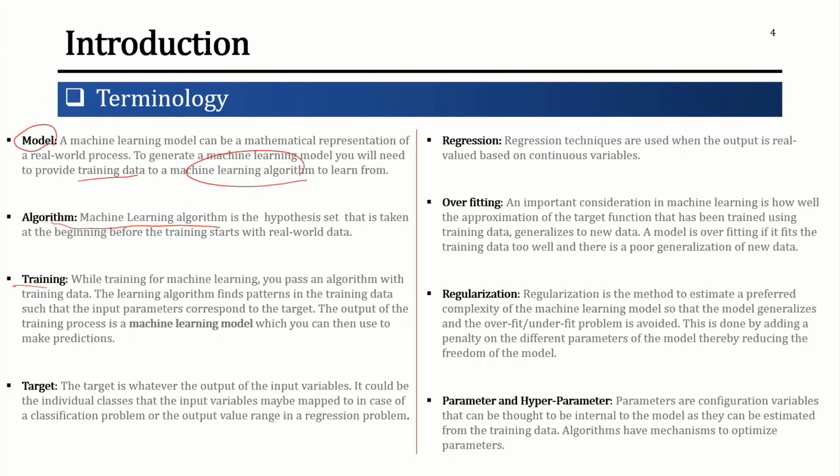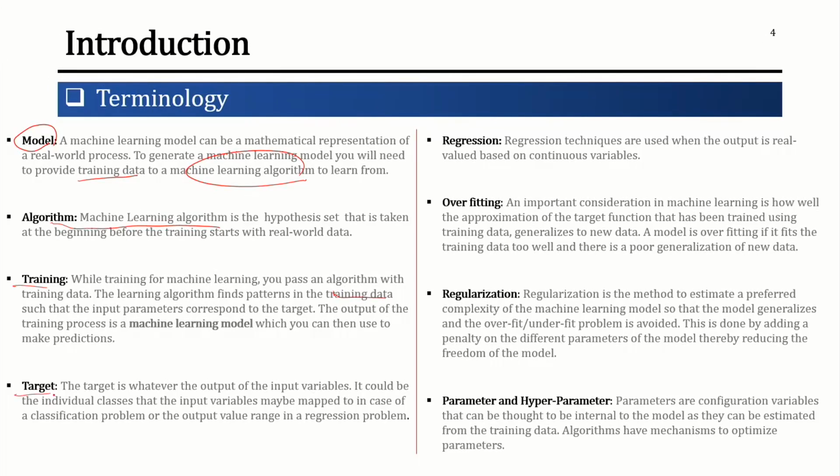While training for machine learning, you pass an algorithm with training data. The learning algorithm will find patterns in the training data such that the input parameters correspond to the target. The output of the training process is a machine learning model, which you can then use to make predictions. So in the training process, you allow your training data to be built into a model so that you can use it for the next prediction whenever you have new data.